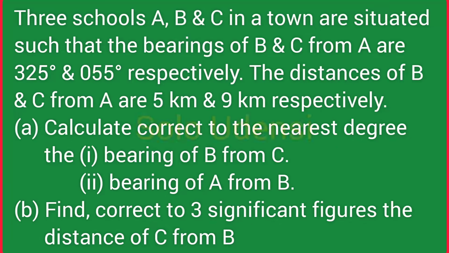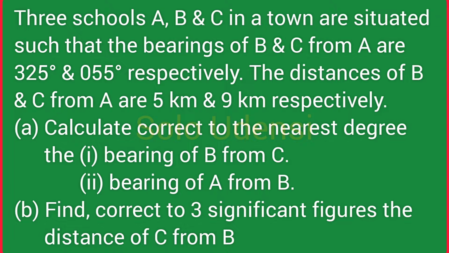Three schools A, B, and C in a town are situated such that the bearings of B and C from A are 325 degrees and 055 degrees respectively. The distances of B and C from A are 5 km and 9 km respectively.